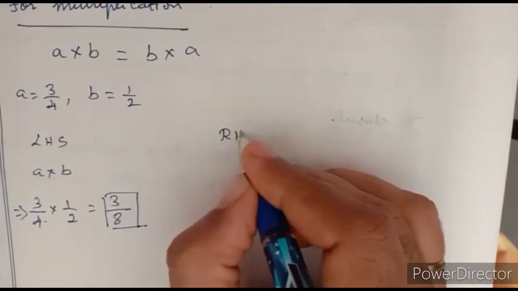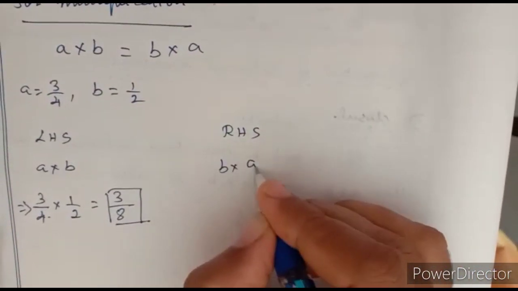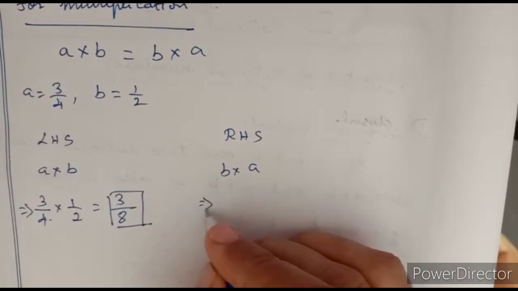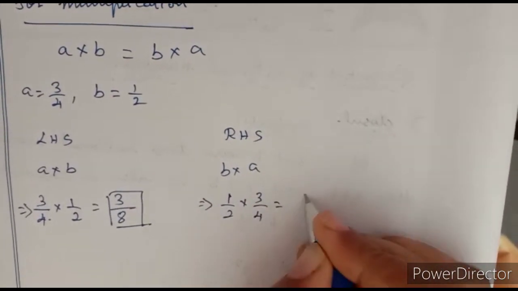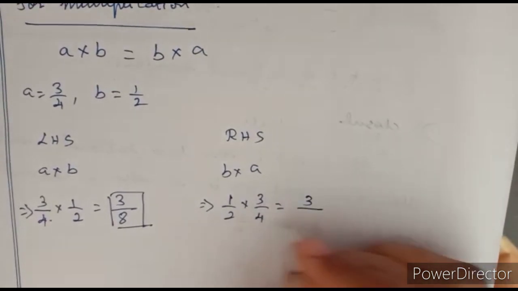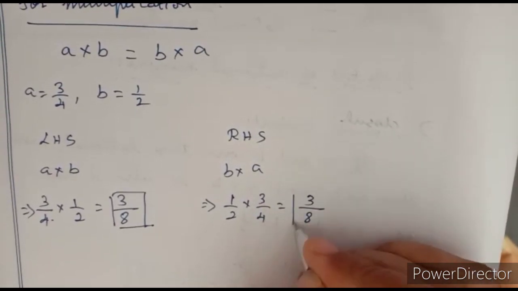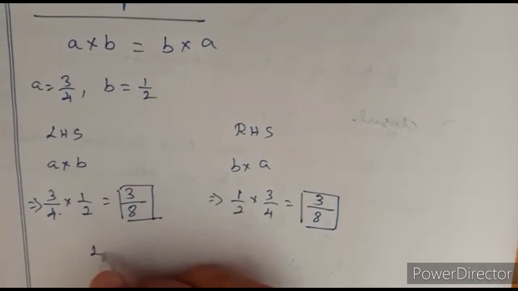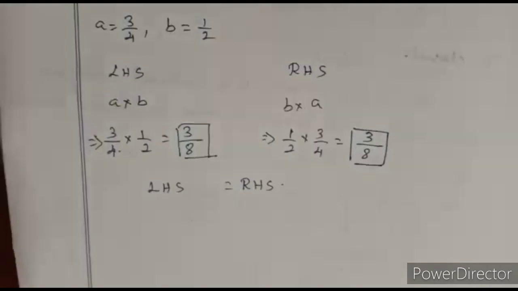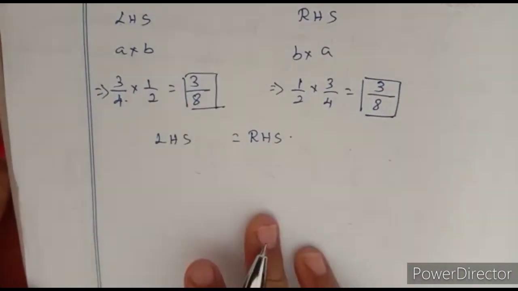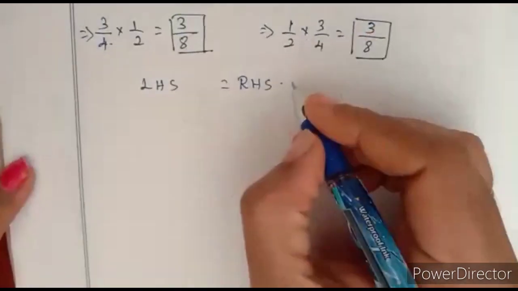Now your right hand side B into A, which is equal to B value is 1 by 2 into 3 by 4. 1 3s are 3, 2 4s are 8. Here you get left hand side is equal to right hand side. So commutative property is true for multiplication.